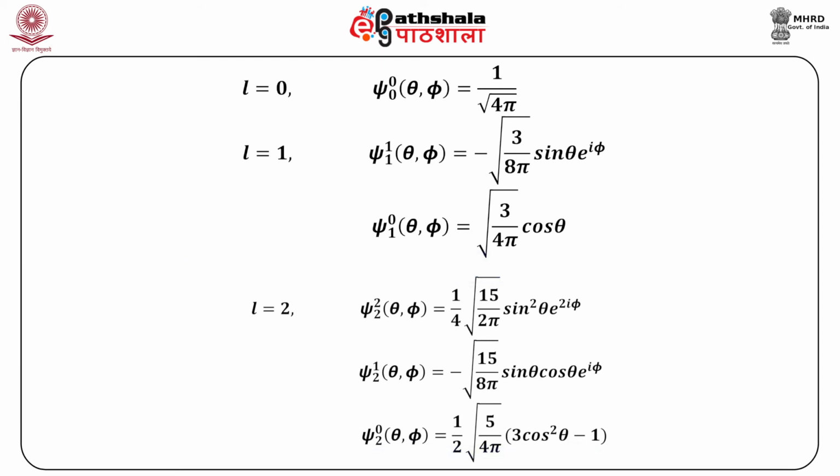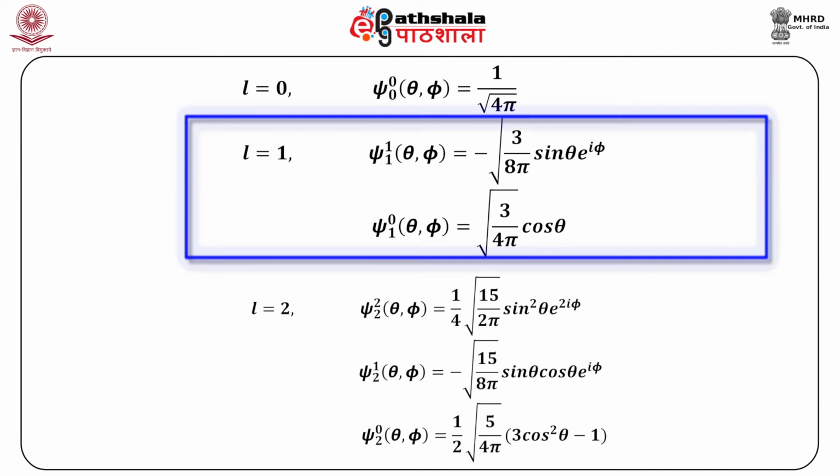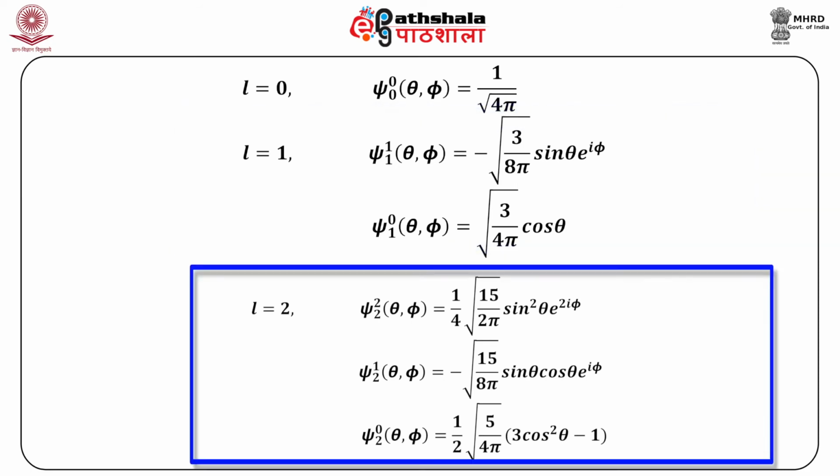For L is equal to 1 and for L is equal to 2, for different values of M, the corresponding expressions are given. So this is the list of the spherical harmonics. But please remember that for L is equal to 1, M will have the values -1, 0 and +1. And for L is equal to 2, we will have +2, -2, then +1, -1 and 0.